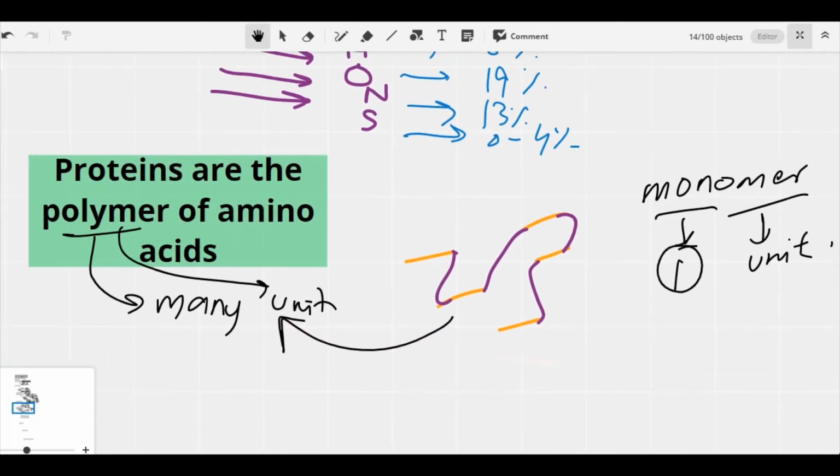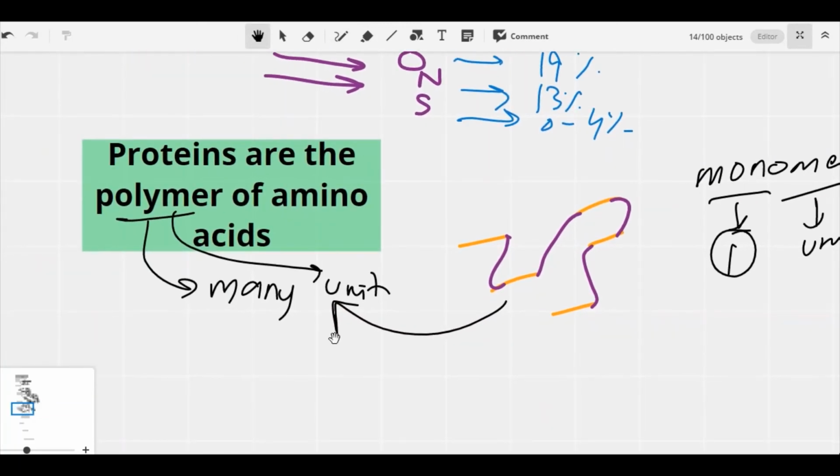Okay, so in this case amino acids are the monomers. So when the amino acids link together to form a long chain, that will make the protein structure.